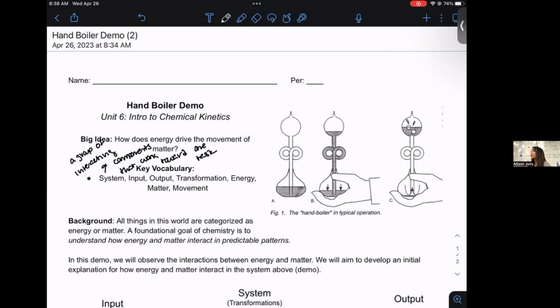They're all part of one kind of thing. They're not just a group of interacting components that do everything separately and have no impact on each other. They have an impact on making that system work. So we're a system of 27 students and one teacher and 2 TAs that work together to accomplish a common goal. Maybe you don't agree with the goal, but the goal of learning chemistry.